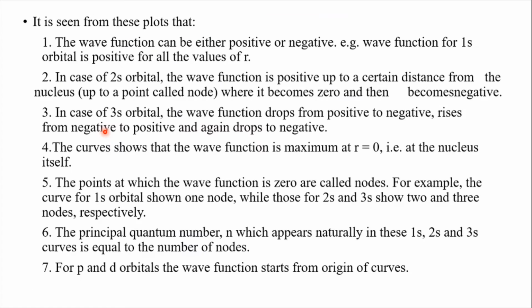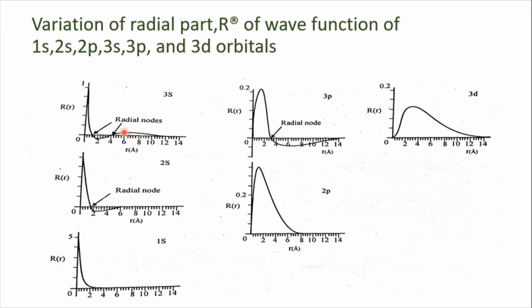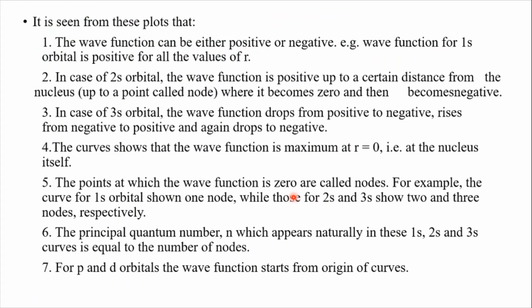The next observation is that the curve shows the wave function is maximum at r equal to 0, that is, at the nucleus itself. At r equal to 0, it is maximum. These are the observations from this graph, okay?